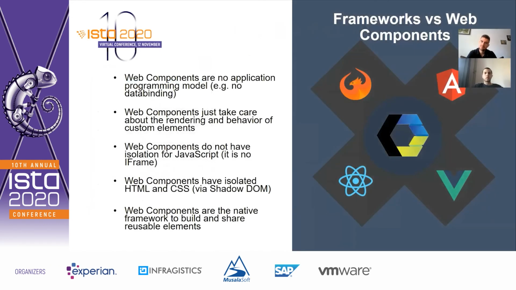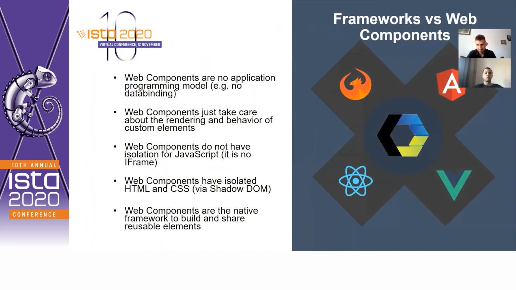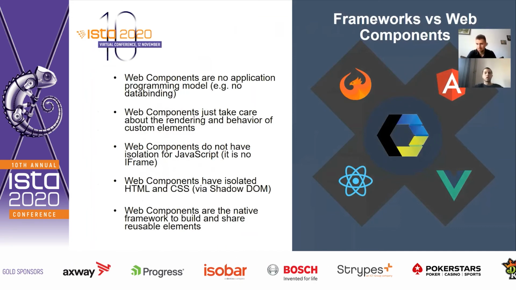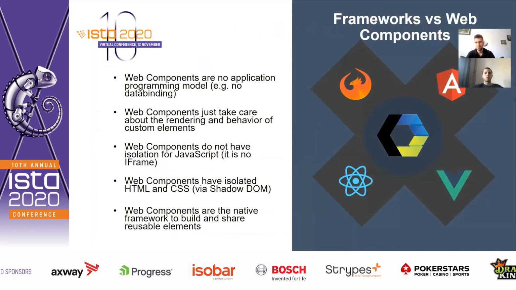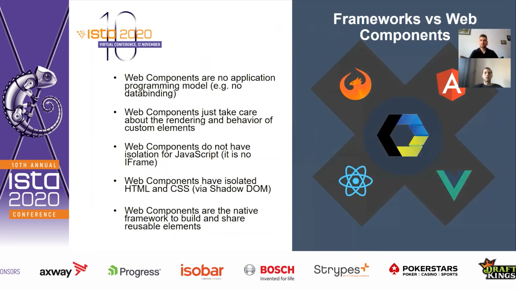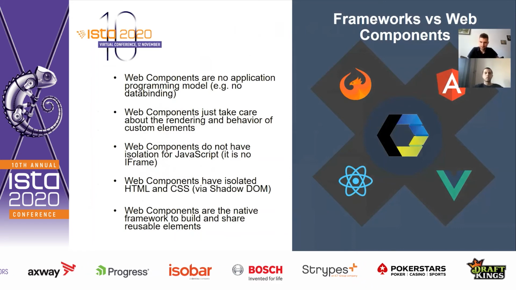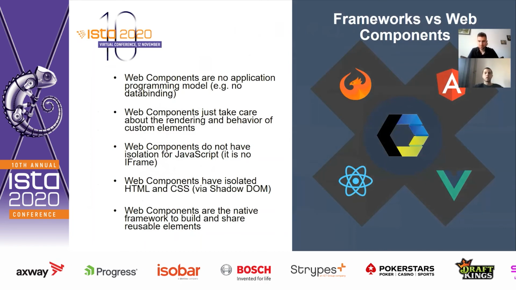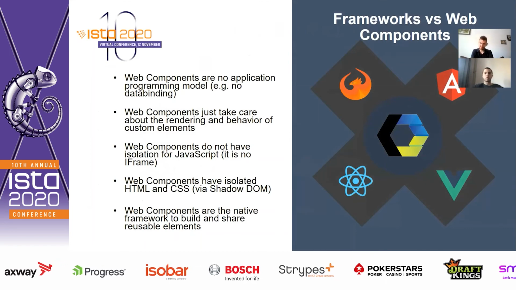Now I'd like to compare the frameworks that we've got on the market to web components, because this is a question that is usually not answered very well, and people are wondering what the differences are. So the most important thing to get out from this slide is the fact that web components do not provide a programming model. Therefore, web components are not a framework.